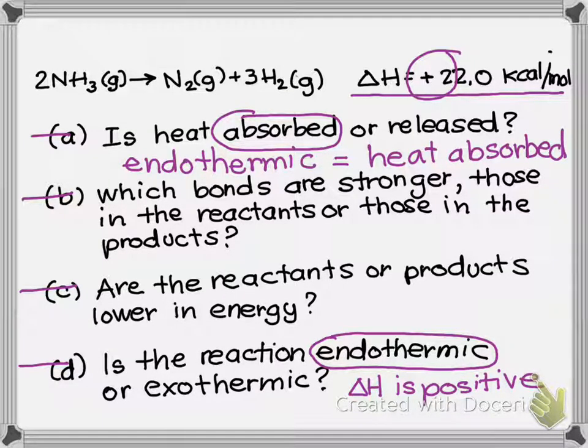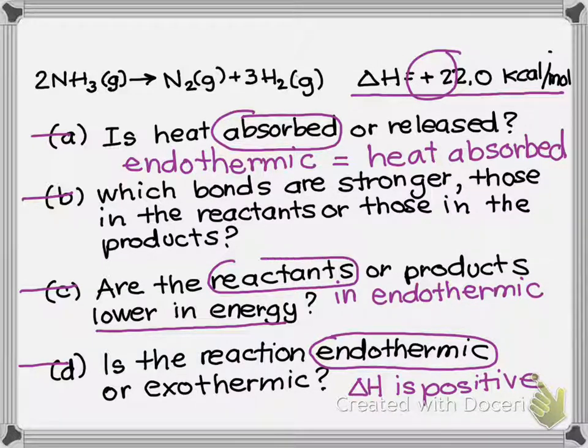So that's the definition. Now what I know in endothermic, I know that the reactants are lower in energy. And I think it through this way. I know that endothermic absorbs energy. So that means the products must be higher because when you absorb energy, you're going to go up. So the reactants are the ones that are lower in energy because they absorb energy and go up, so the products are higher.